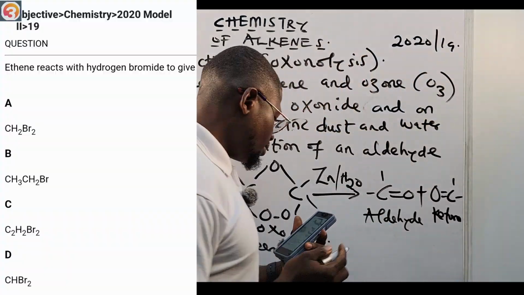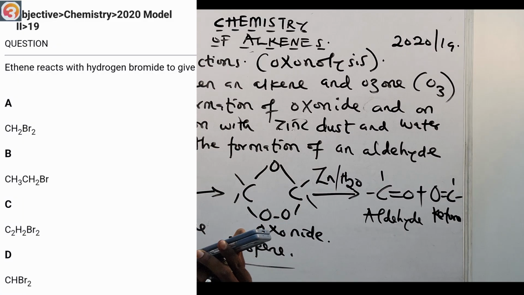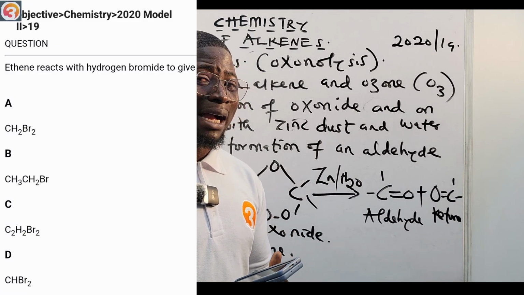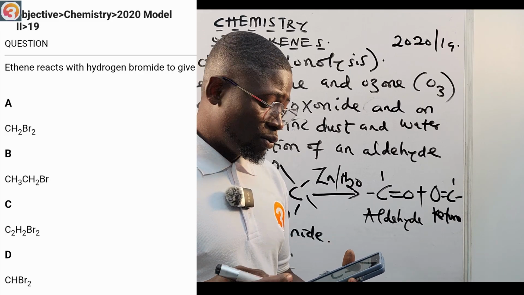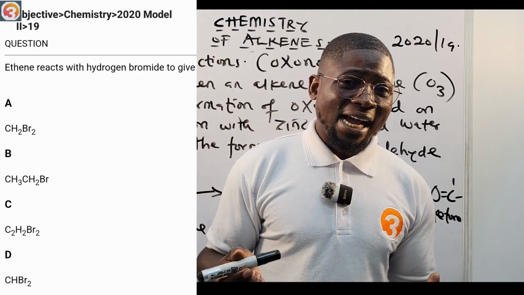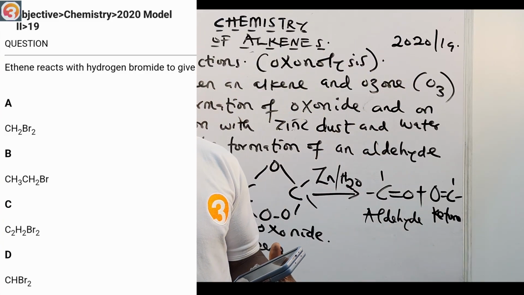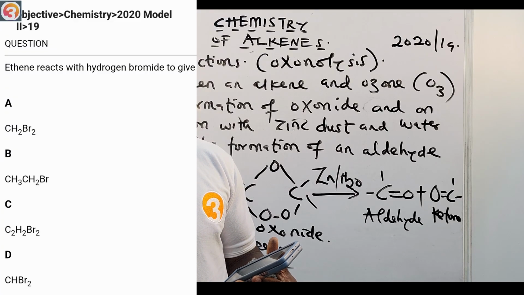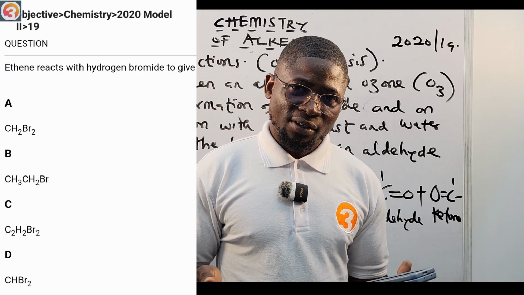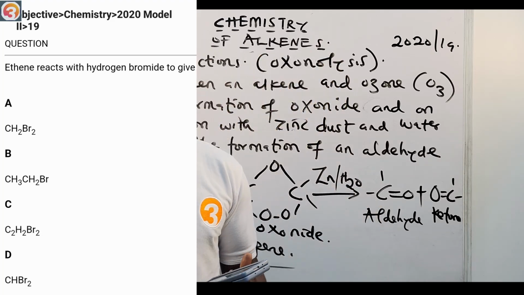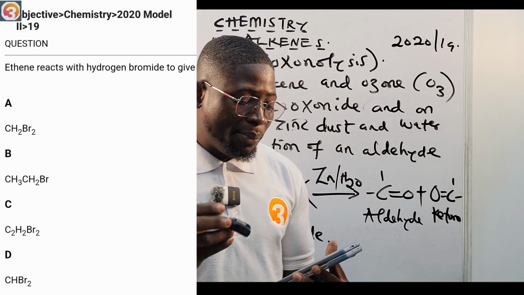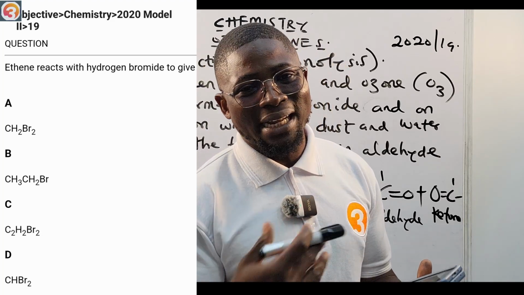They say ethene reacts with hydrogen bromide, and that is, of course, Markovnikov's reaction, and the reaction does not give us a dihalide. It gives us an alkyl halide, not a dihalide. So anyone that has BrO2 cannot be the answer there.